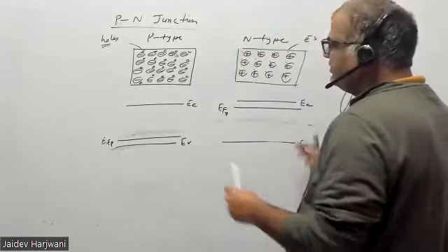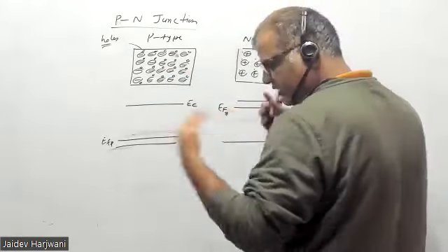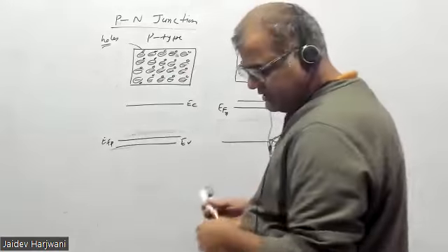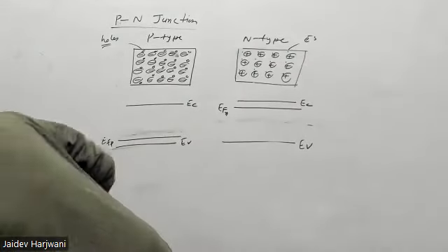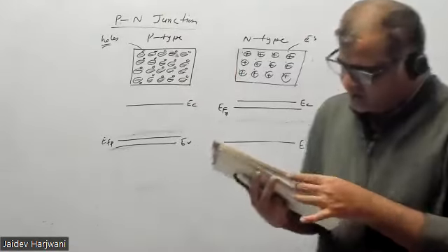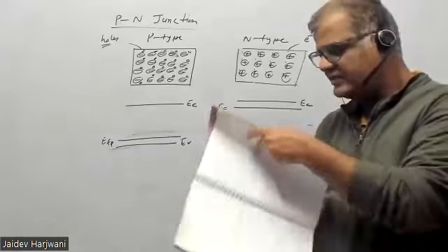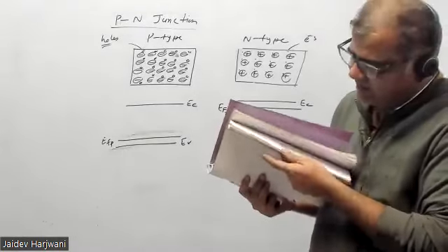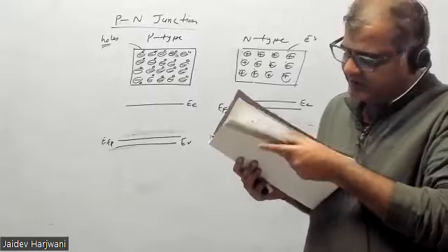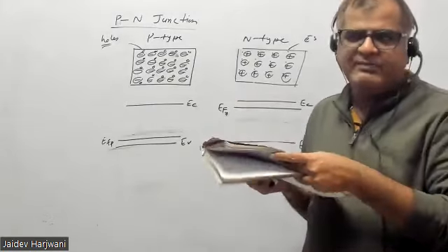So when I am bringing a p-type and n-type material together, say I have a crystal. The bottom half is n-type material, and the top half is p-type material.